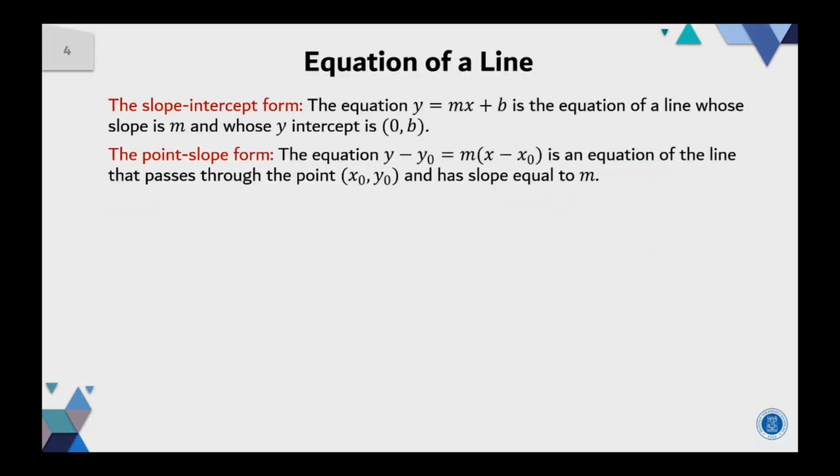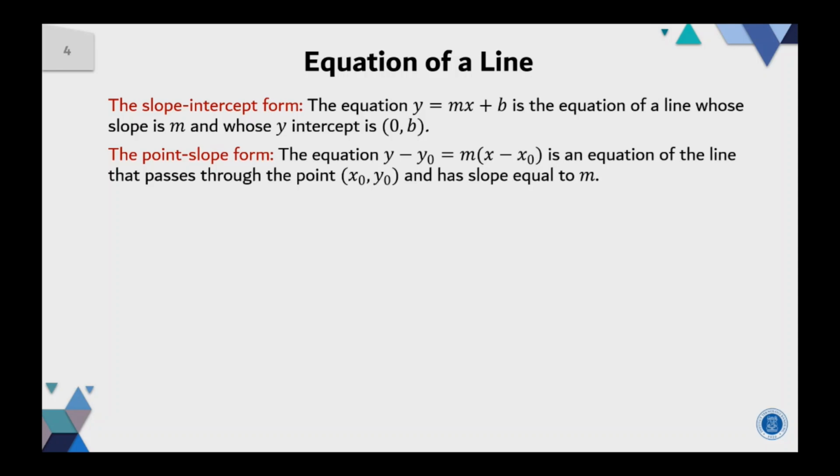Okay, so based on the information that we have, we can have another equation for lines. Actually, we have two more equations of a line. Remember the general equation for lines is y equal to mx plus b.